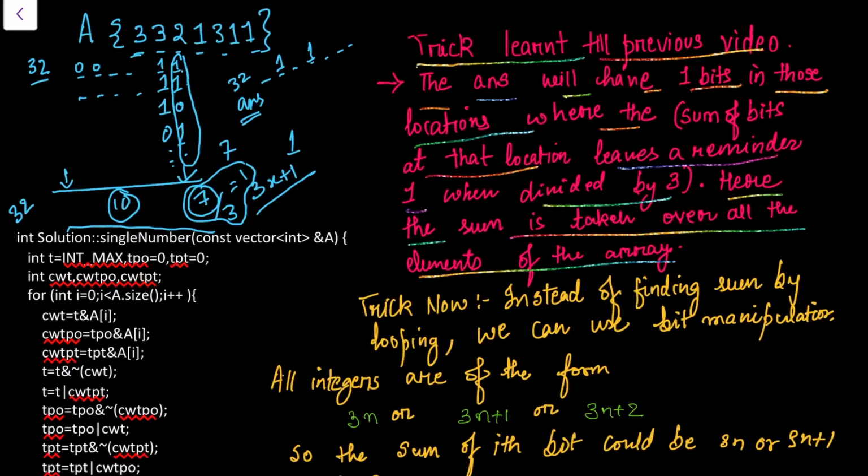Let's say at bit number 10 and bit number 7 we have the sum of the form 3n plus 1. At those locations we'll have 1, and at the rest of the locations we'll have 0. That will give us the answer. That is the trick which we learned, and I have summarized it in this paragraph.